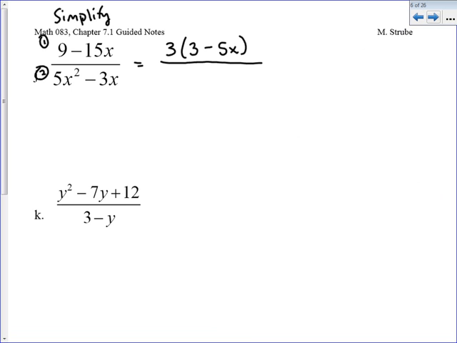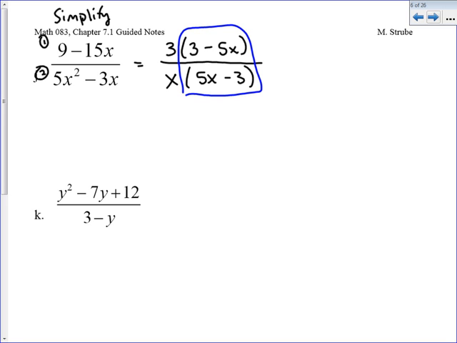How about 5x squared minus 3x? When you're asked to factor, what's the first thing you should look for? GCF. What's my greatest common factor here? x. Factor out an x. That's going to leave me with 5x minus 3. Now notice, these factors look almost identical, except one of them's flipped around, which if it was addition wouldn't matter, but with subtraction it matters.